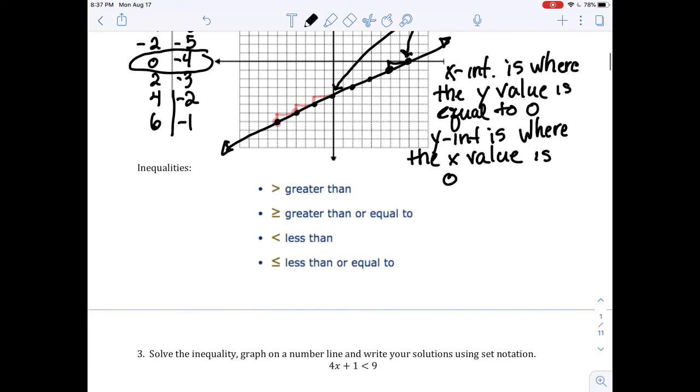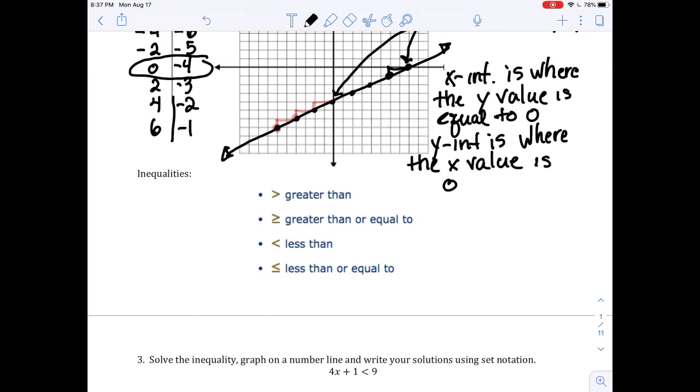All right. The third prerequisite is a review on inequality symbols, solving inequalities, and number lines. So here's a refresher in your symbols. So greater than or equal to, less than or equal to. The difference between the first two is that it includes the value.